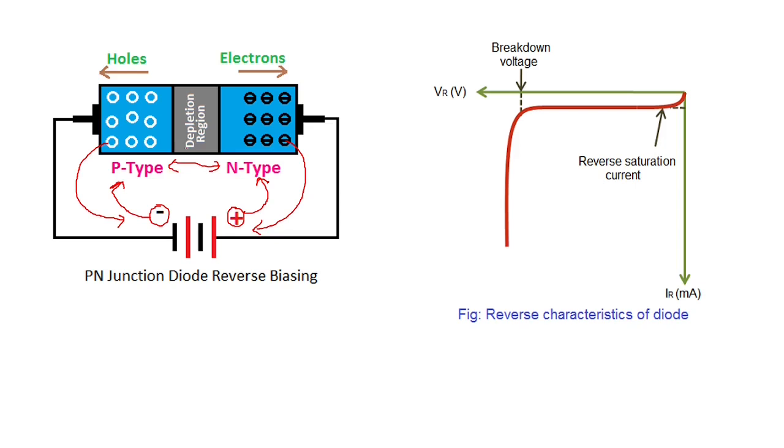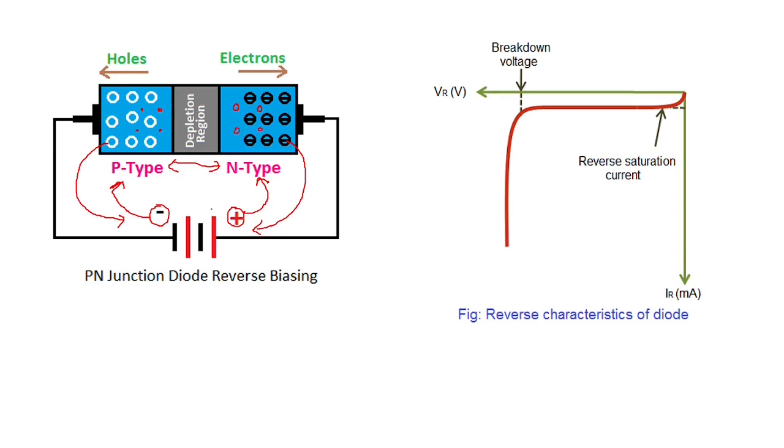Now if you remember the minority charge carriers, in p-type semiconductor, electrons are minority charge carriers. So here you can show some electrons which are minority charge carriers, which are negative charge particles. Similarly, in n-type semiconductor, holes will be minority charge carriers, which will be positive charge particles.